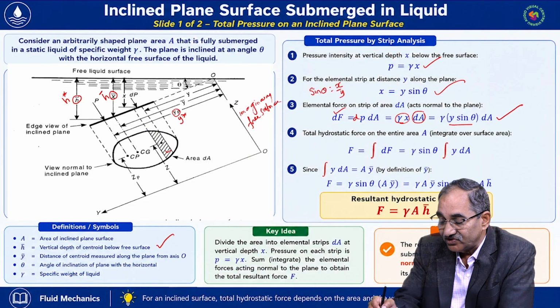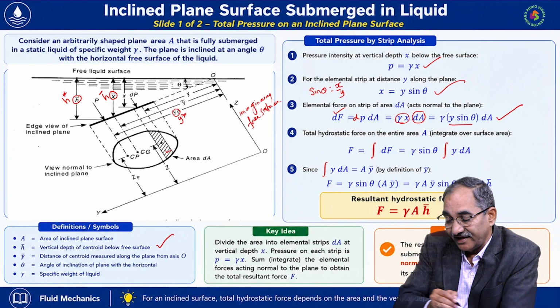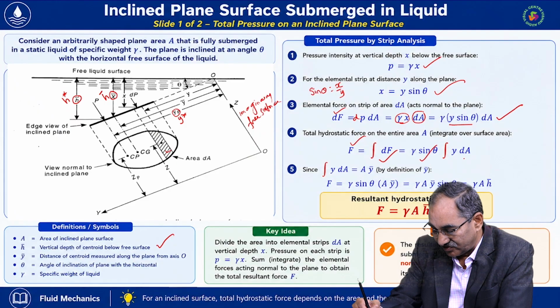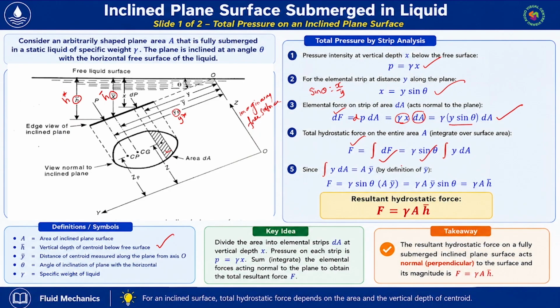Therefore the total hydrostatic force on the entire area is F equal to integral dF, equal to integral gamma sine theta into y dA. And already we know that integral y dA is equal to A y bar. That is the definition which we have mentioned for the distance of the centroid.